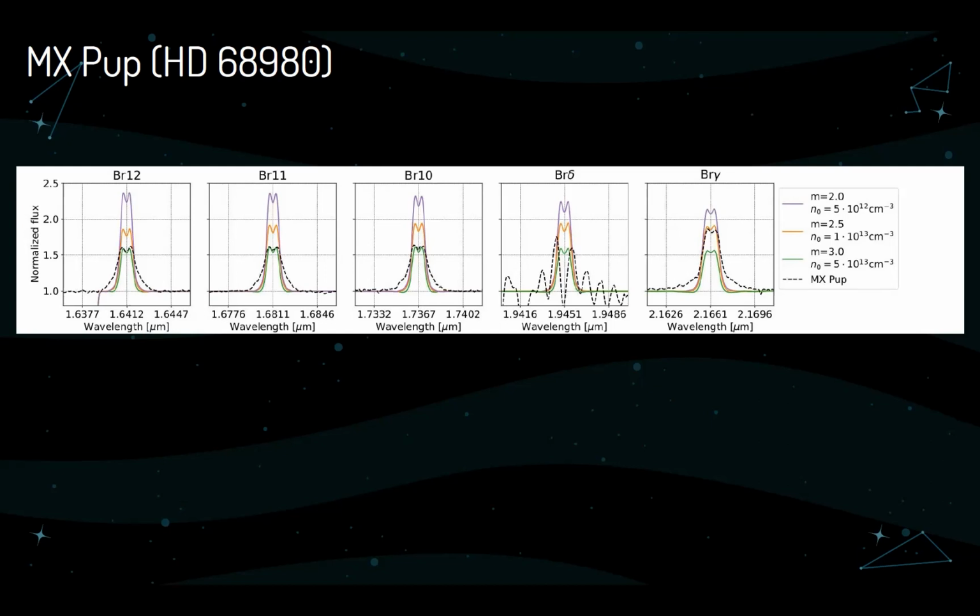If it is closer to this density, it's closer to this exponent, and a density close to the density that was previously found.